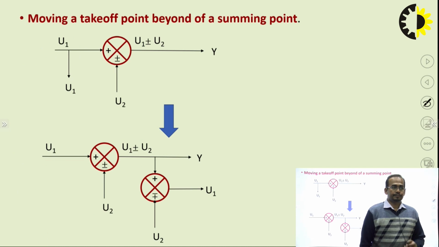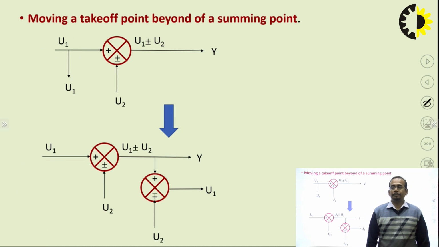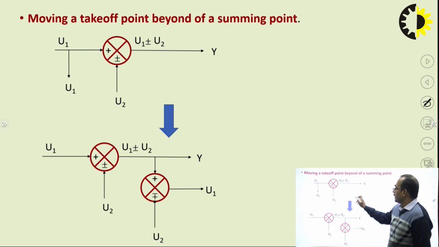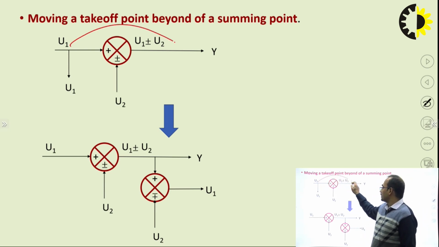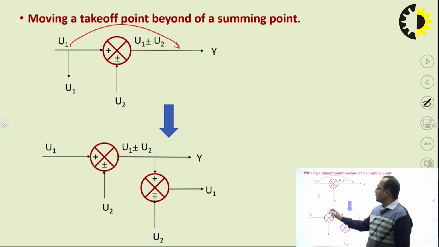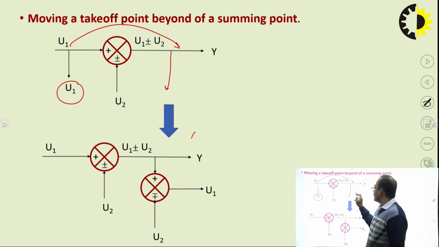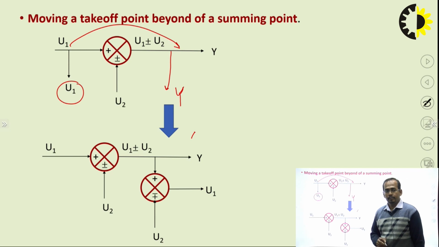Now, moving a takeoff point beyond a summing point. Takeoff point को summing point से आगे ले जाना है. Again you can see here the output of the takeoff point is u1. If I am moving it here, then the output of this takeoff point will be y. So for getting this u1, what will I do? I will again use the summing point, but the polarity of the input u2 will be different.